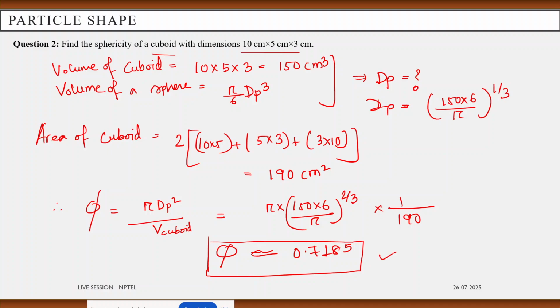I hope you got the same value. Sphericity of the cuboid for this dimension would be 0.7185.